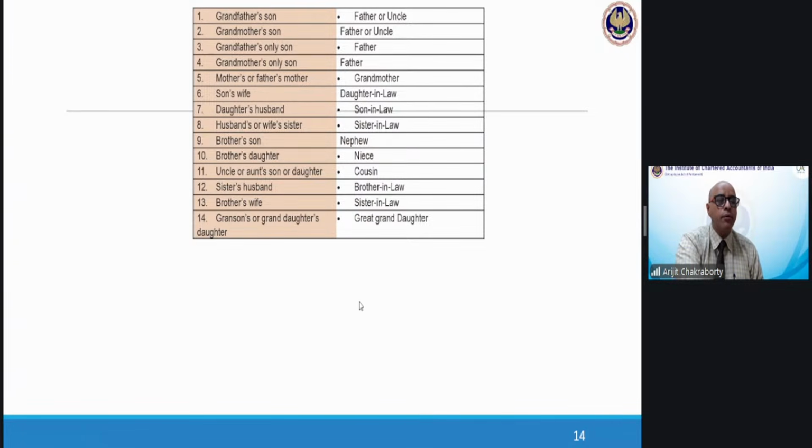Once again, I have reproduced the important relationships. This is like the key to success. So far as this chapter is concerned, these are the relations which we need to remember. Just like you saw in the example of direction test, we had the cardinal directions, we had the ordinal directions. We also had a small formula which is given in the study material which I had shared, that if you go up and then left, that means you are going towards west.